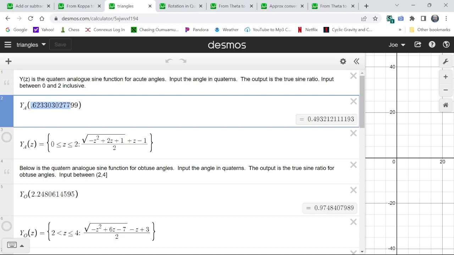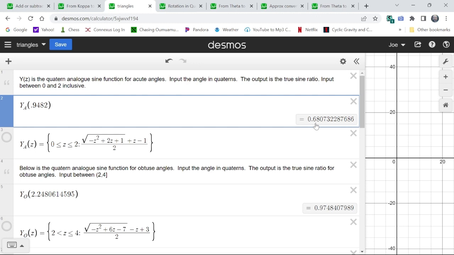So here we could just enter the value that we just found, which was 0.9482. And then it will output for me what the sine ratio is for that.